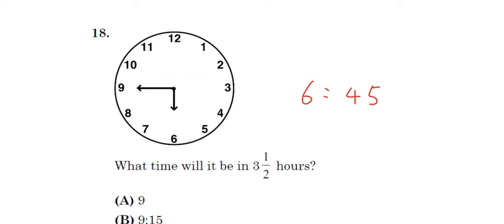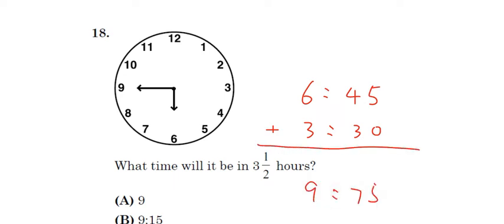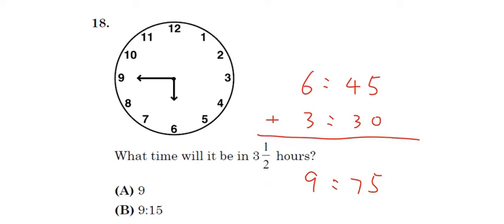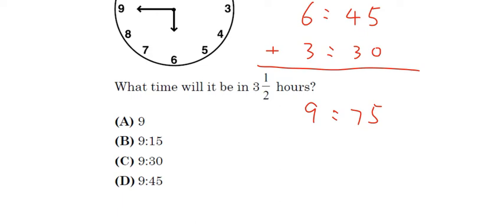So plus 3 hours and a half, 3.5 hours, 30 minutes. So this equals like 9:75. So for time, 75 minutes, we just change this to 10:15, right?